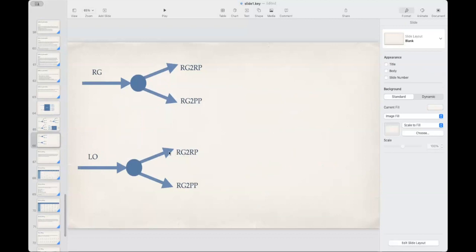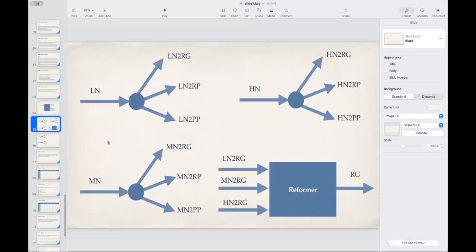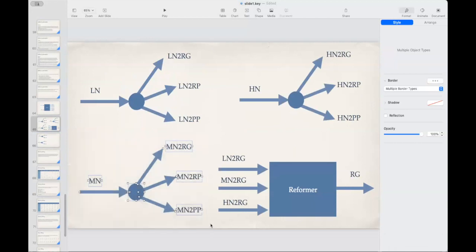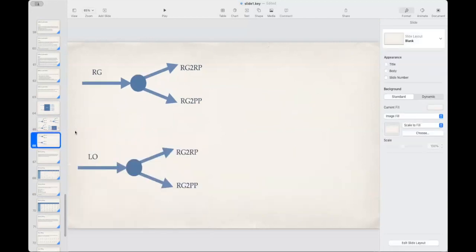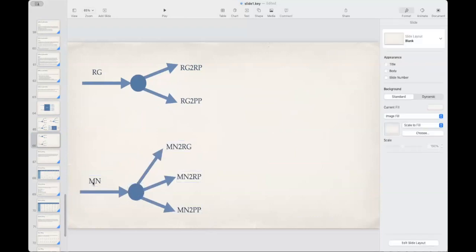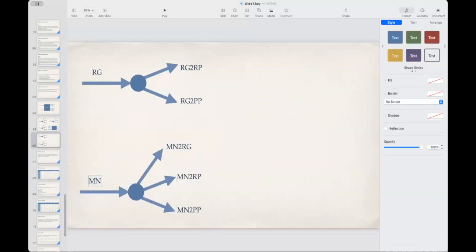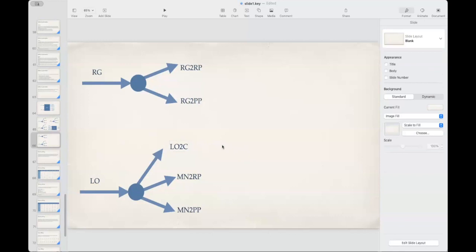I think I should copy this one instead, sorry, because it has 3 routes. From light oil, we send light oil to where? To cracking, okay? LO to C.